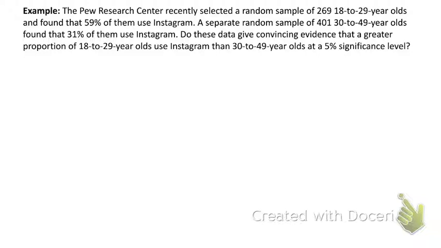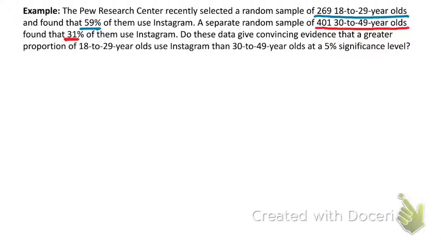Let's see what we got going on here. The Pew Research Center recently selected a random sample of 269 18 to 29-year-olds and found that 59% of them use Instagram. Are you guys using Instagram? Do you think that is low? Yes. That's probably a little low. We'll go with it, though. It's Pew. They know everything. A separate random sample of 401 30 to 49-year-olds found that 31% of them use Instagram.